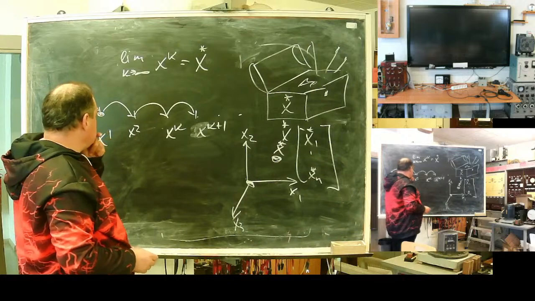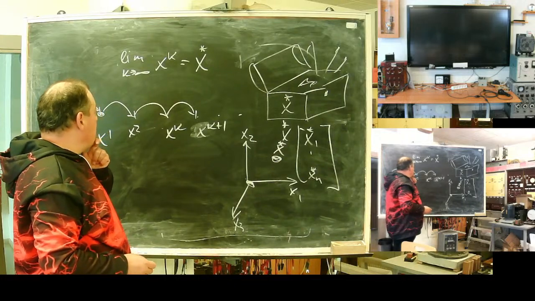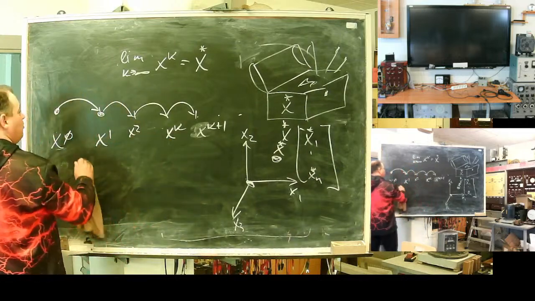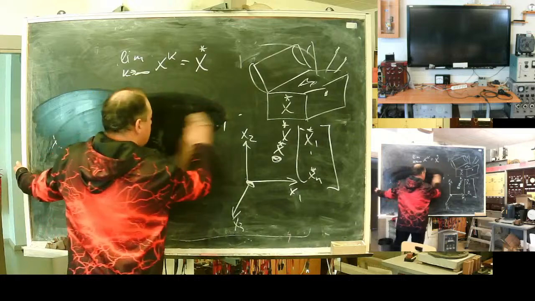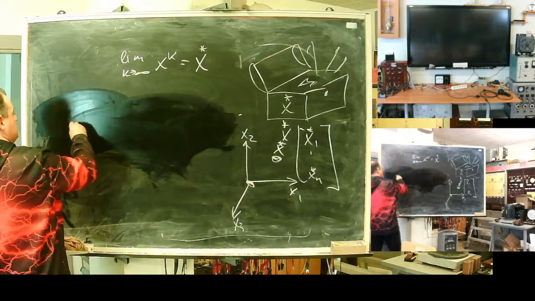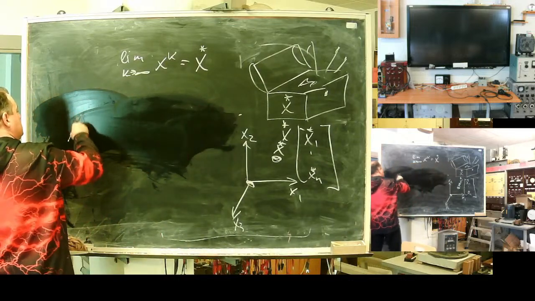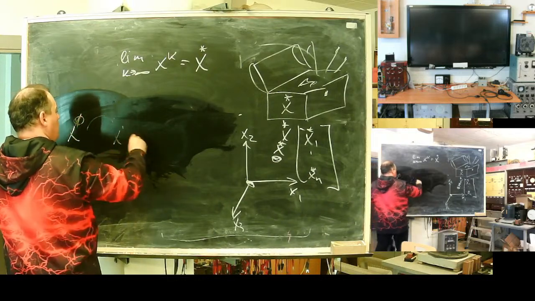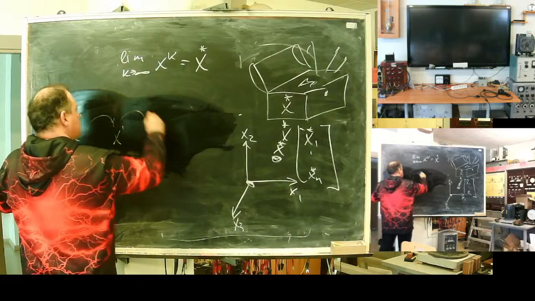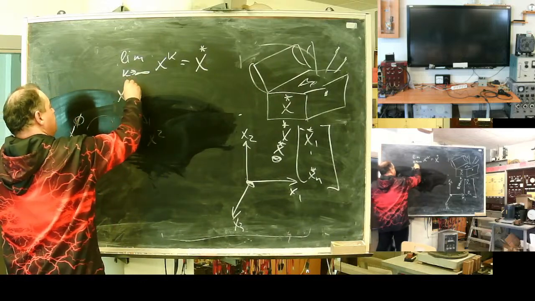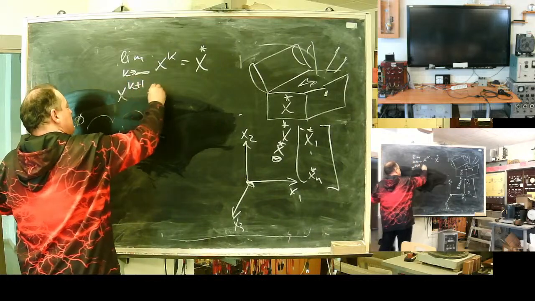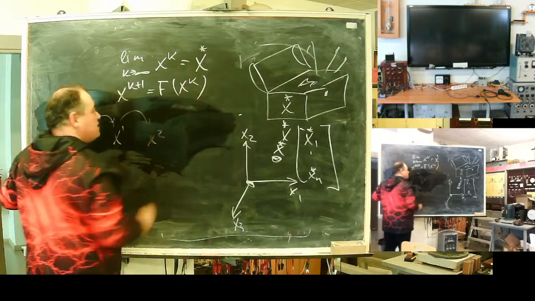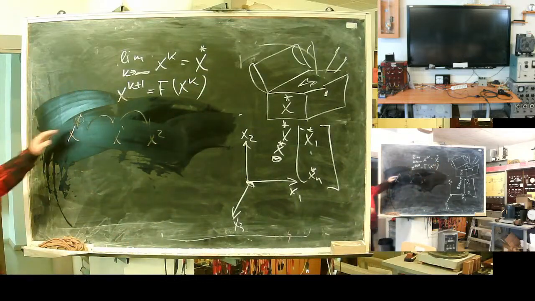Now, one tiny moment. Let's say I started from x0, I go to x1, from x1 to x2, so the next x is some kind of function of the previous one. Is it correct?